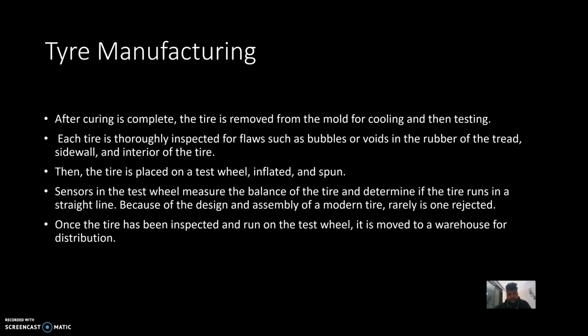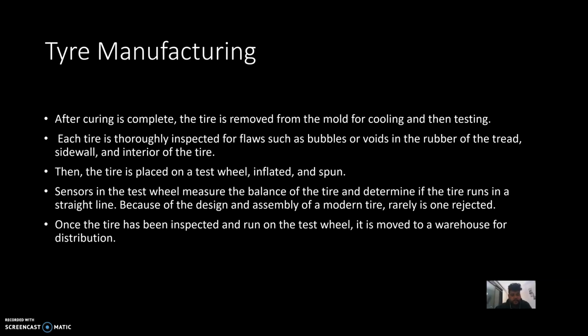After curing is completed, the tire is removed from the mold for cooling and then testing. Each tire is thoroughly inspected for flaws such as bubbles or voids in the rubber of the tread, sidewalls, and interior of the tire. Then, the tire is placed on a test wheel, inflated and spun.